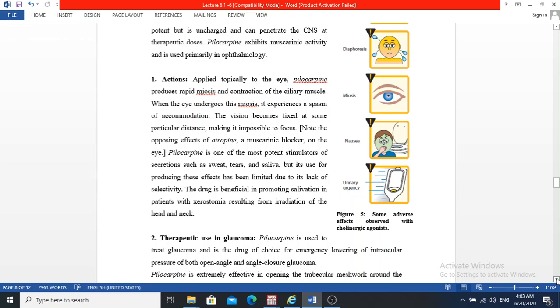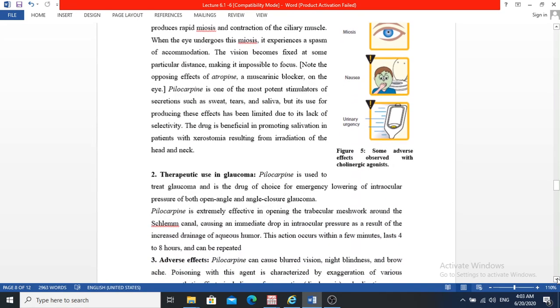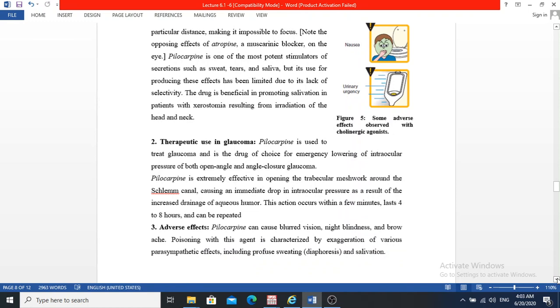The drug is beneficial in promoting salivation in patients with xerostomia resulting from radiation of the head and neck. Therapeutic use in glaucoma: pilocarpine is used to treat glaucoma and is used as a drug in both open and closed angle glaucoma.